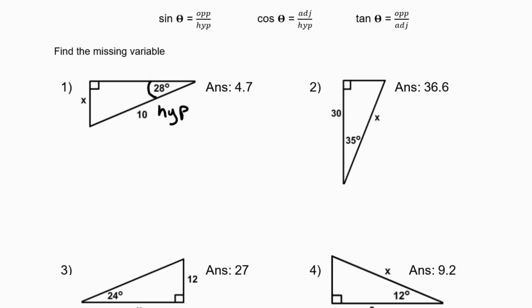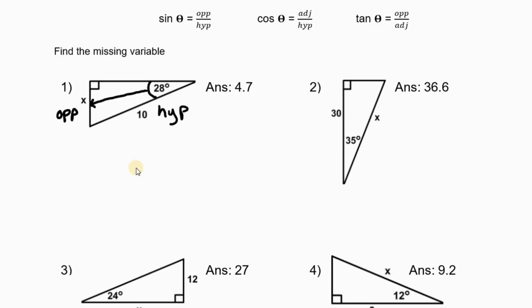Hopefully you're saying to yourself, hey, it's all the way over here, so I know that must mean that this is the opposite side. And we don't care about this third part. We're just solving out for the x, so those are the only two components that we're interested in right now.